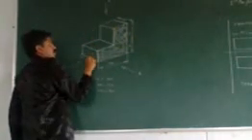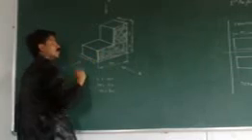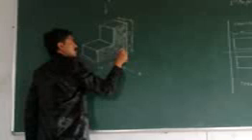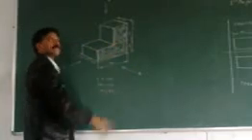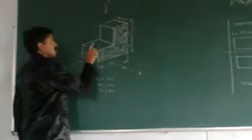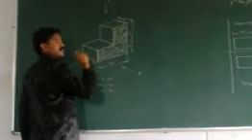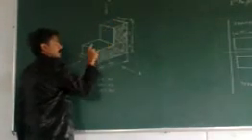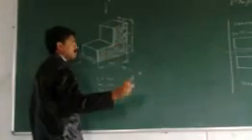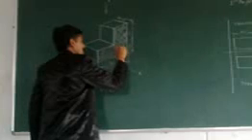How? See this one. When you observe from the top direction, this line coincides with this one, and this coincides with this one, and there is a bottom width at the back. So we get only 3 widths: 1, 2, and 3. It coincides with this one, this one, and the bottom one. If you want, I am going to represent it in the bottom manner also.